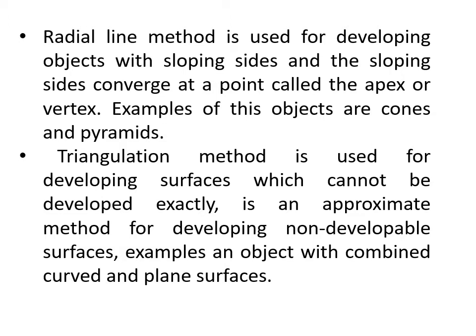Now, in that case, you cannot use one method to develop it. You have to combine different methods to develop it. So it's used to develop objects which cannot be developed exactly. It's an approximate method of developing non-developable surfaces. Examples: an object with combined curved and plane surface.